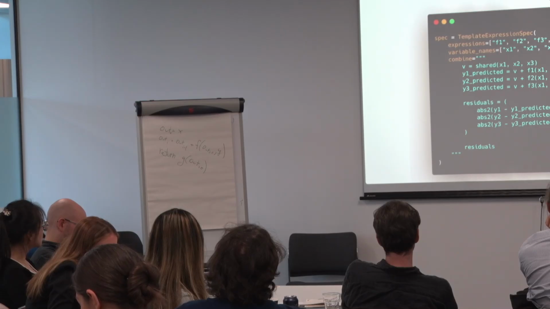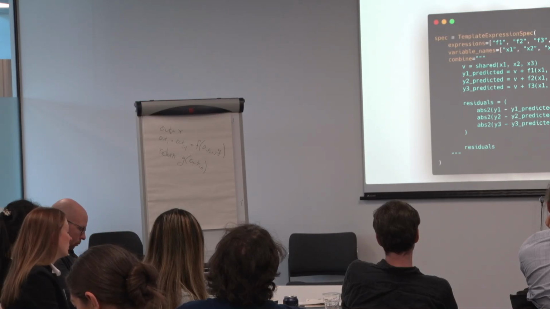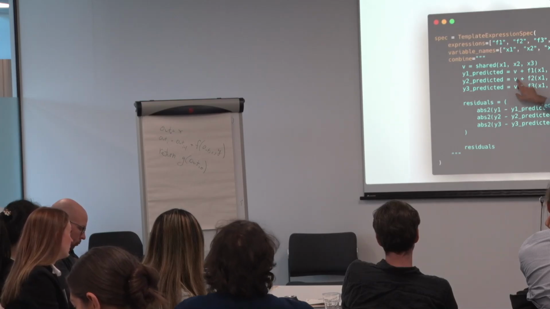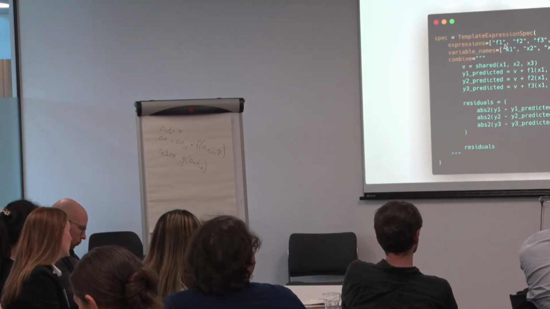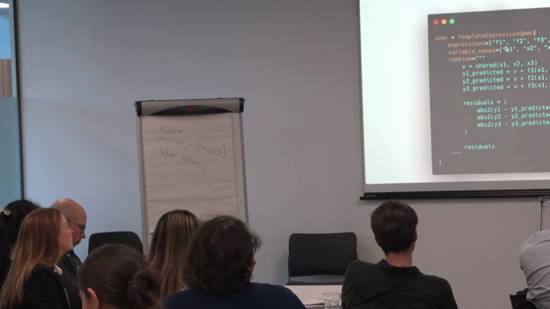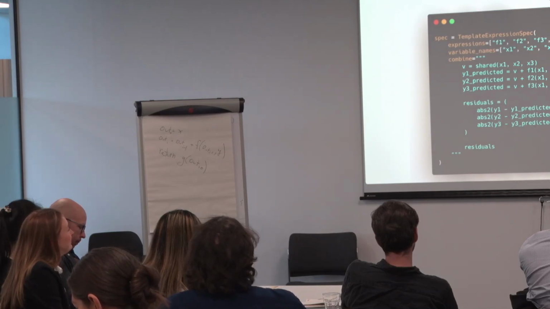And you see here what I'm doing is I'm computing the Y component, Y1, Y2, Y3, and they each have this shared piece here. And so the complexity of a template expression is going to be the summation of the individual complexities. So like complexity of F1 plus complexity of F2 plus complexity of F3 plus complexity of shared, okay?